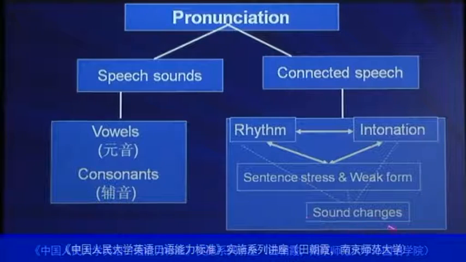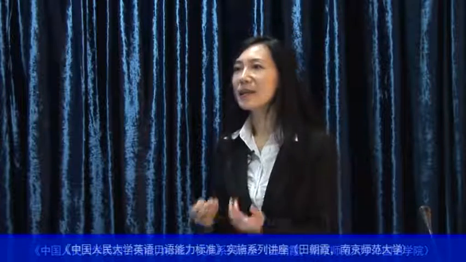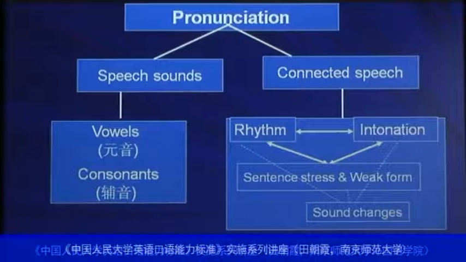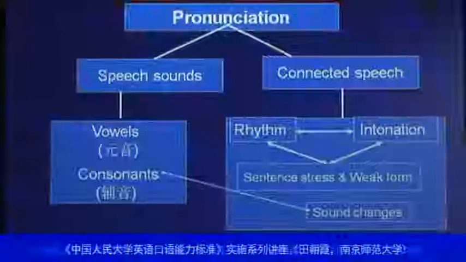Of course, the primary motive of sound changes is for the convenience of the articulatory organs, 是为了发音器官的方便. And in terms of the pronunciation of sounds only, sound changes have a close relationship with consonants and vowels. It's the change in the pronunciation of vowels and consonants.